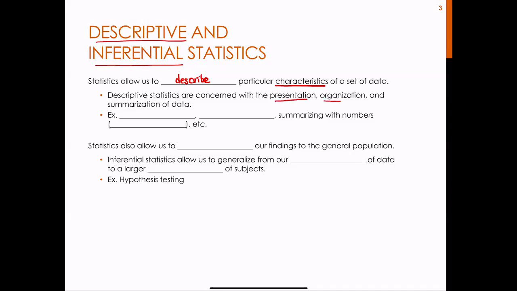So for instance, for 15 students in this class, if I ask everyone their age, then I can get 15 values, right? This is the age number for those 15 students. So we can consider these 15 different values as statistics.